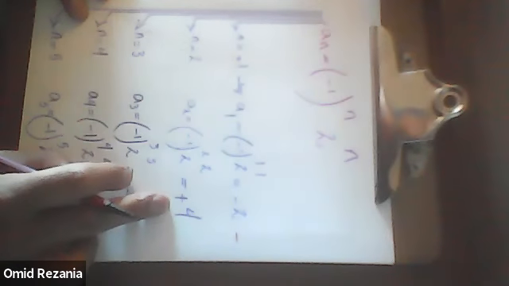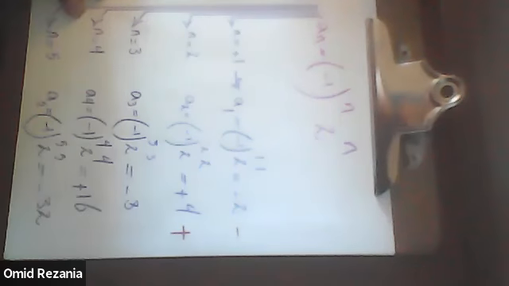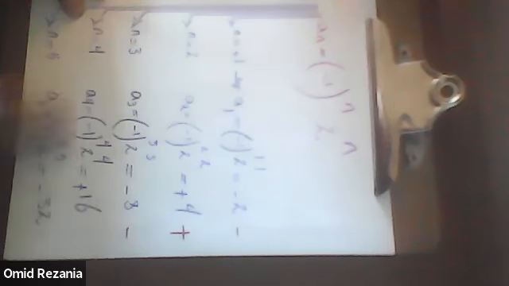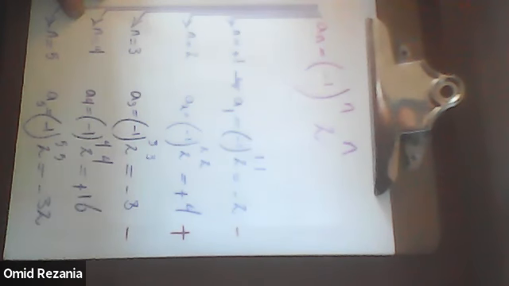What is the sign of a2? Positive. What is the sign of a3? Negative. What is the sign of a4? Positive. How about the sign of a5? Negative.